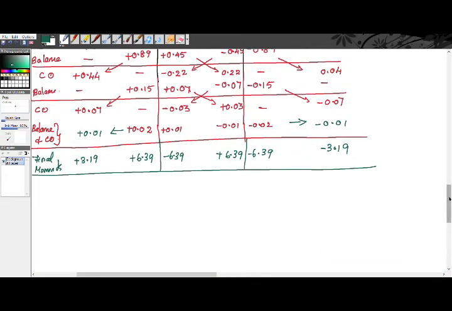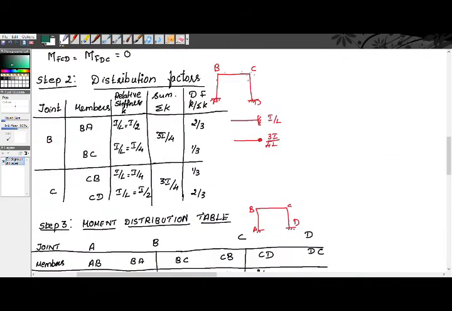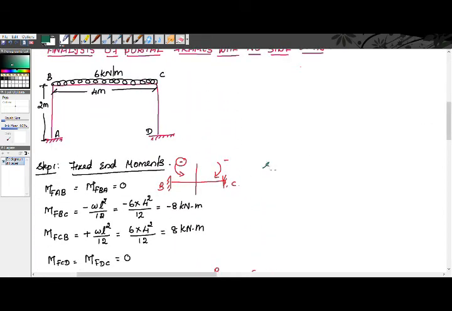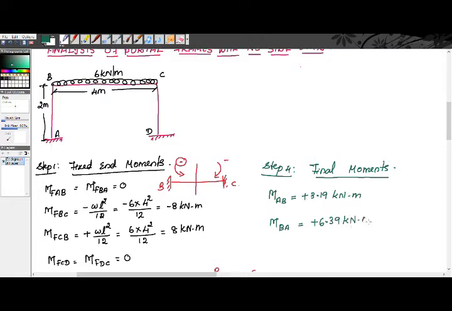So we will write our final moments as our step 4. Step 4 are the final moments. Final joint moments or final end moments are MAB is equal to plus 3.19 kilonewton meter. MBA is equal to plus 6.39 kilonewton meter.